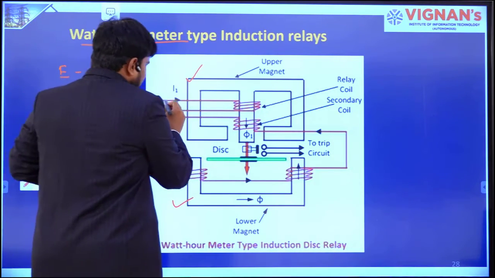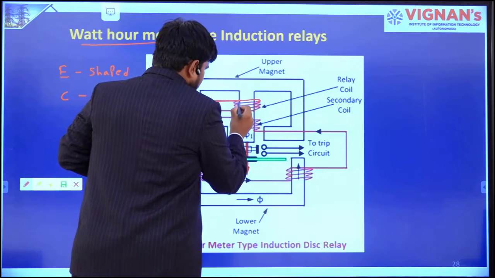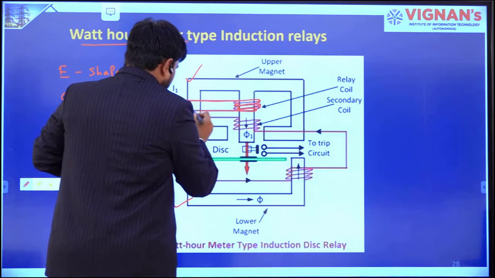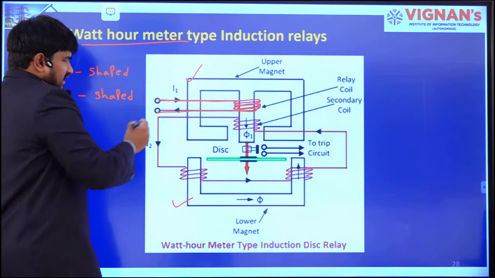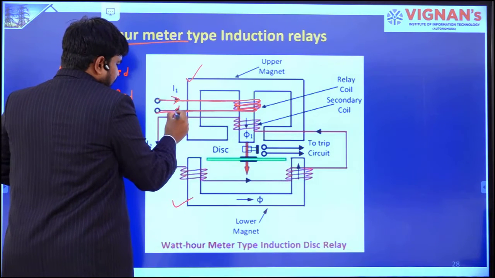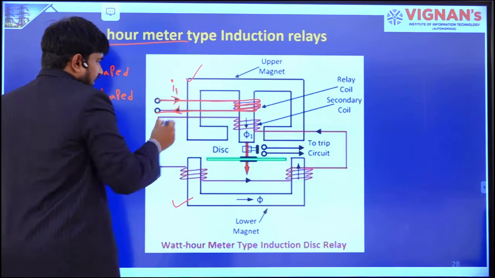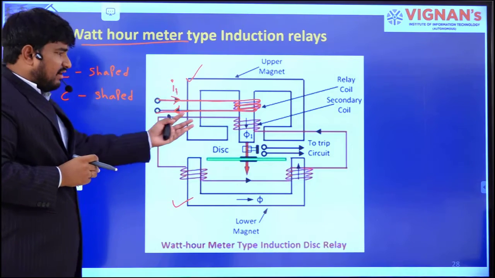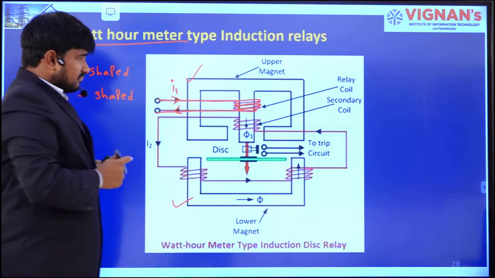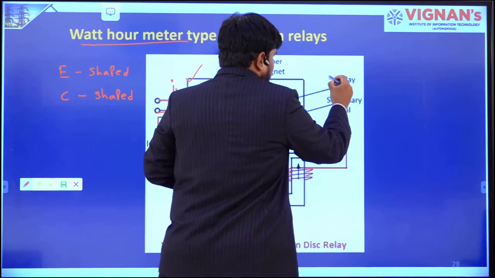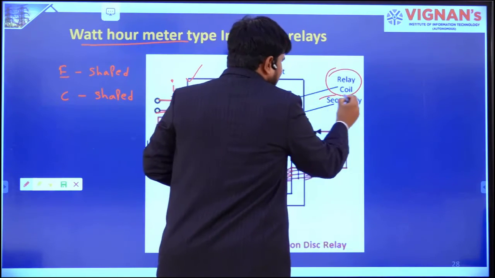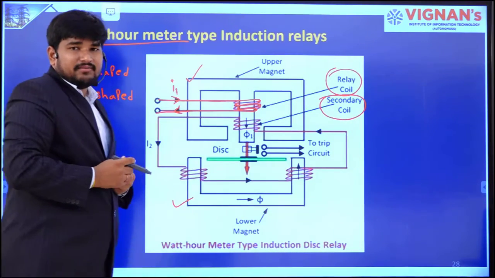The first one is for the actuating quantity, that is I1. We call the first one the relay coil, and the second one the secondary coil.